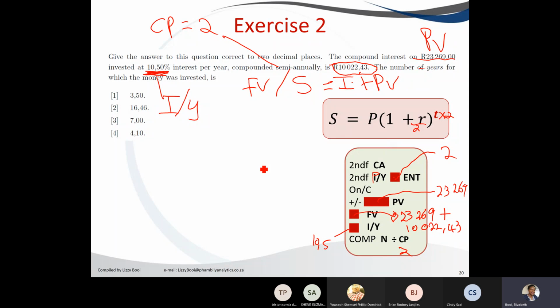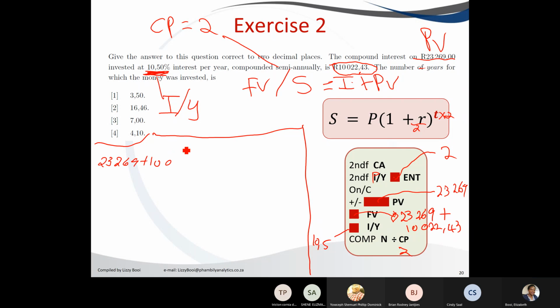Those are the steps. Those who are calculating manually, I'm also not going to go into detail, but you just substitute your S, which is 23,269 plus 10,022.43, equals your P, which is 23,269.